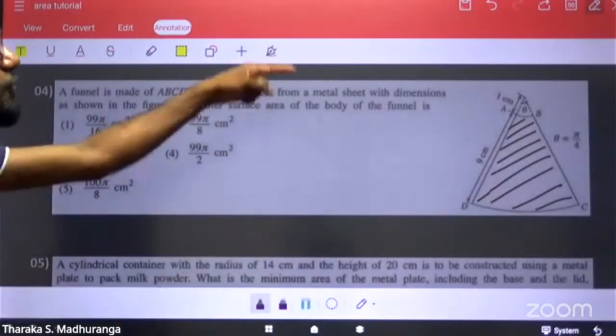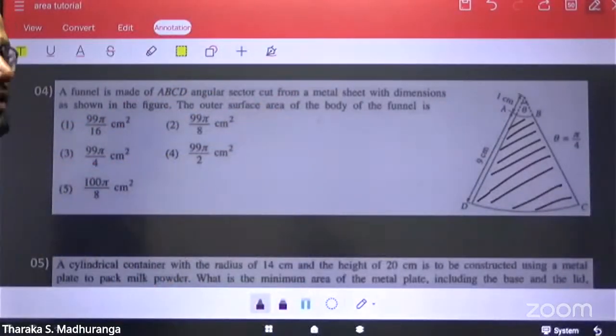The angle is 5/4 radian. Very good, Tumula. Correct.